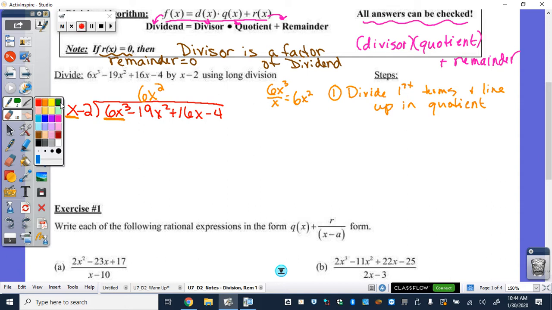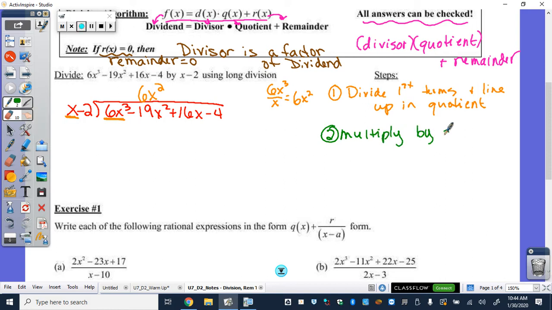Okay. So step 2, multiply by all of your divisor. In this case, our divisor is 2 terms. It could be 3 terms. But you're going to multiply by all parts of the divisor. Just like before with our number, we took our 1, multiplied it by the 17 and wrote that underneath.